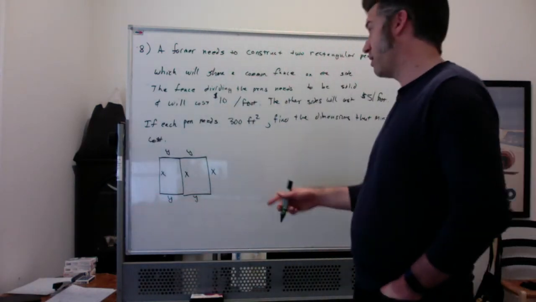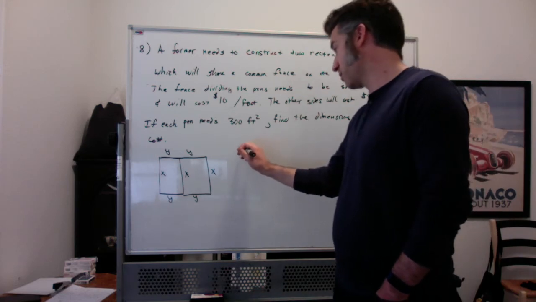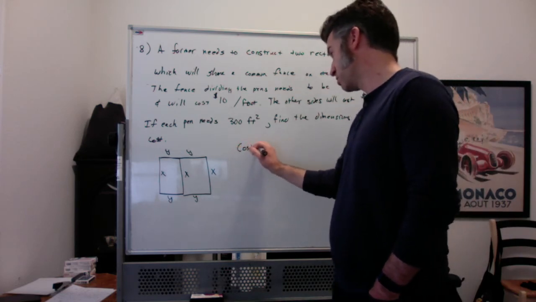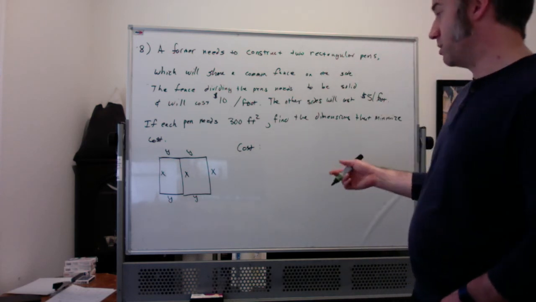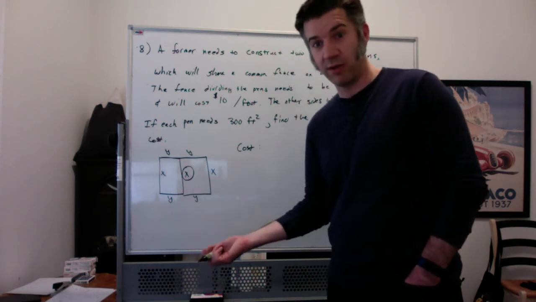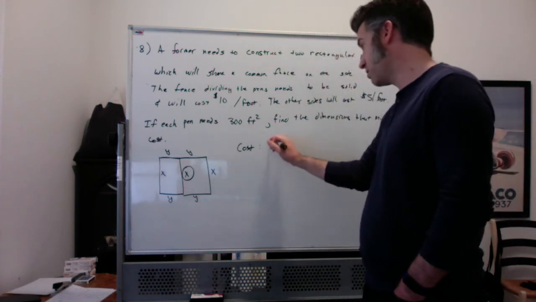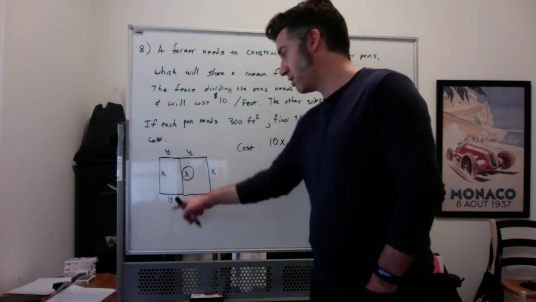Writing it this way, my cost equation, the thing I'm trying to minimize, is going to be, well, this one fence here costs $10 per foot. So it's going to be 10 times X, and then every other side is $5 per foot.